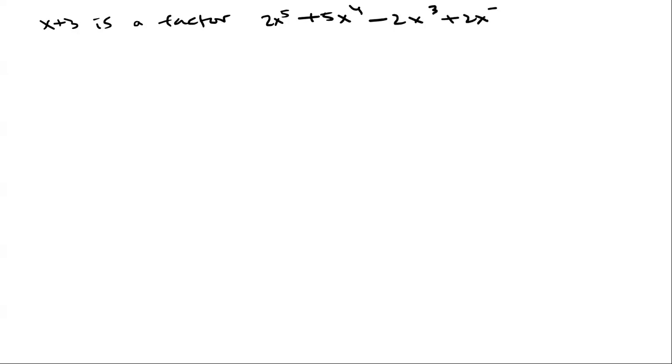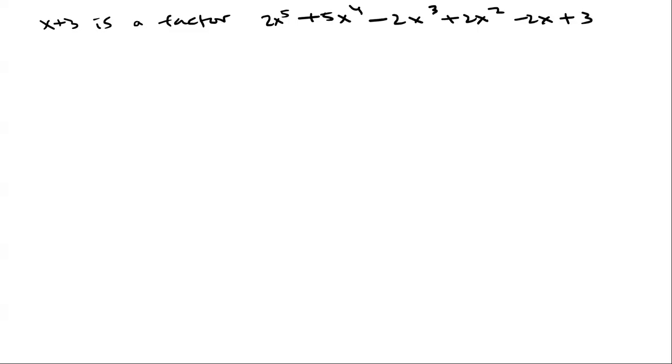So let's say we have x plus 3 is a factor of, say, 2x to the fifth plus 5x to the fourth minus 2x to the third plus 2x squared minus 2x plus 3.